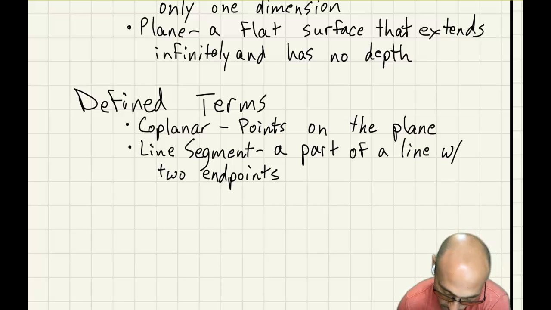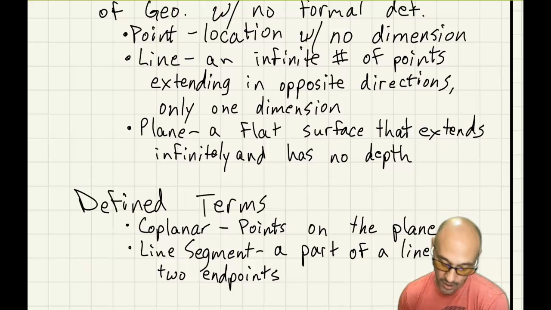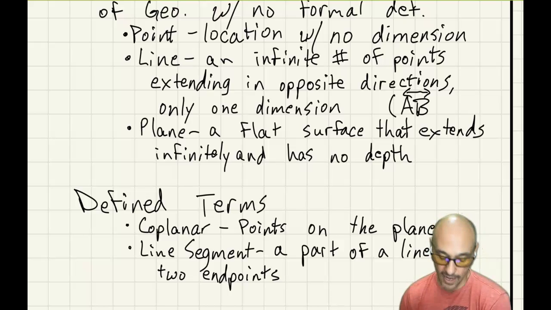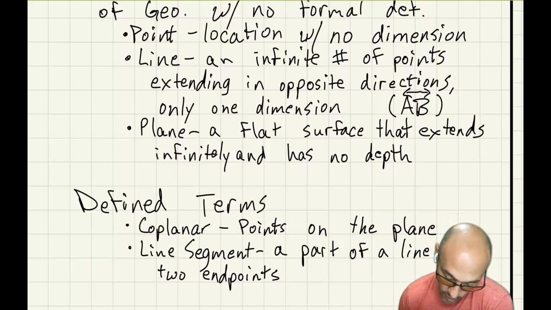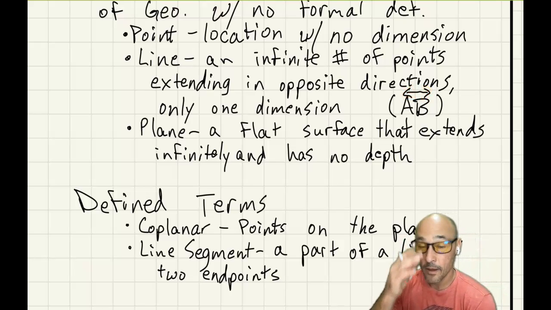And here's something that I didn't show. Points are often represented with a name like A or B. A line can be represented like this, A, B, with an arrow above it. It's saying it goes forever in each direction.